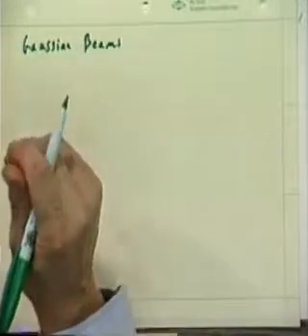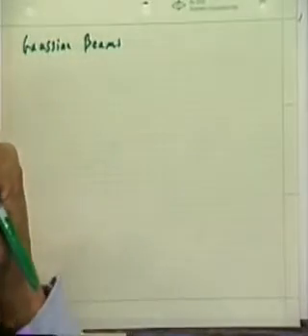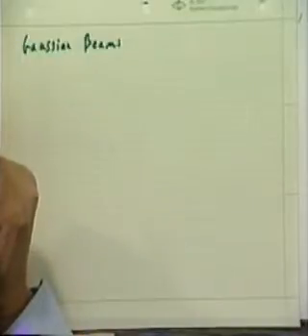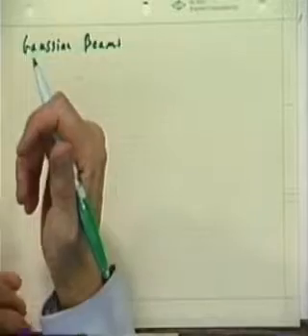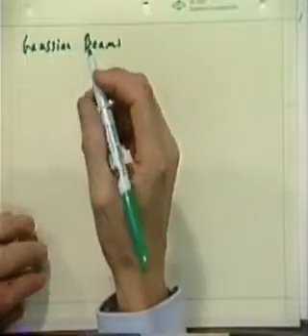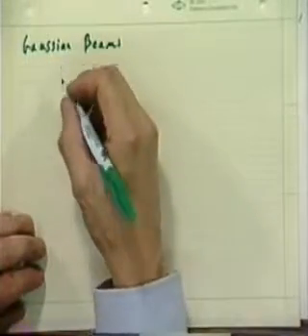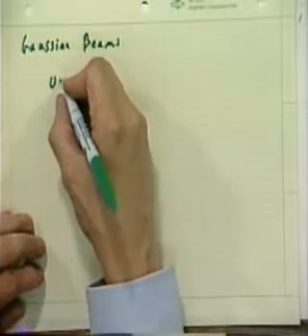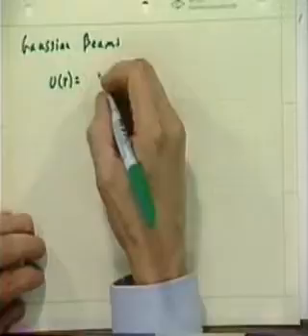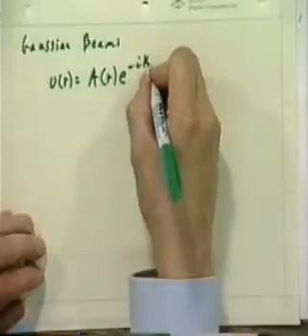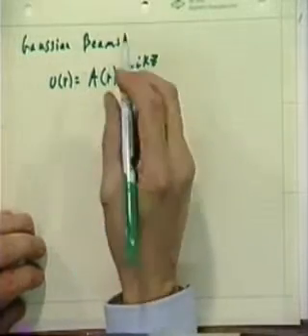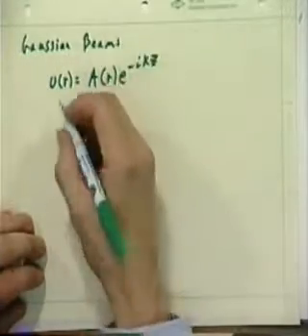We said that if we have a paraxial wave, the wavefront normals are paraxial rays in that case. And we said we could have a complex amplitude here that would go as, say, A of R, e to the minus i k z. And we're saying that A of R is a slowly varying function of position.